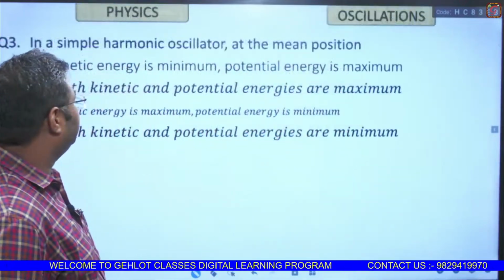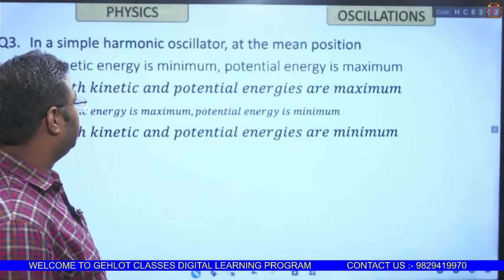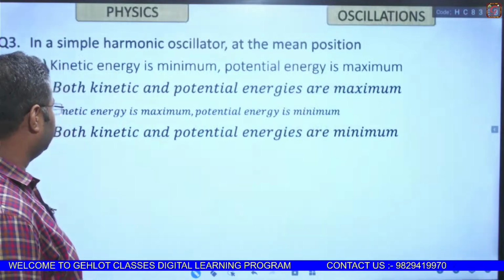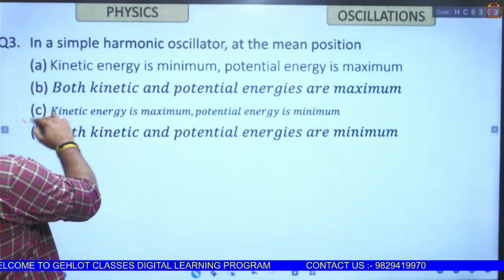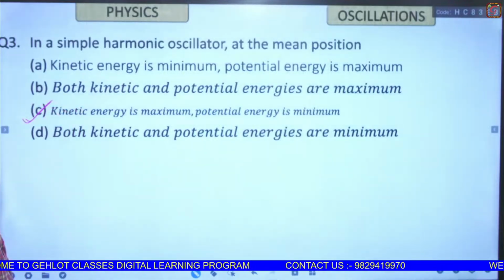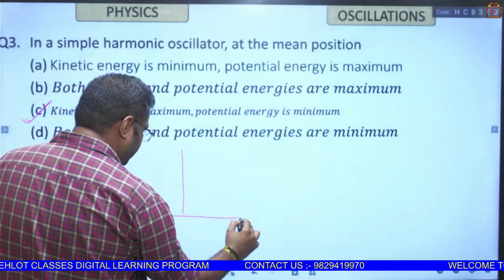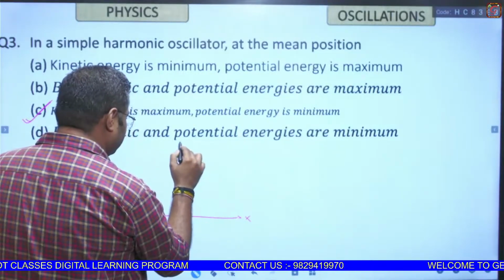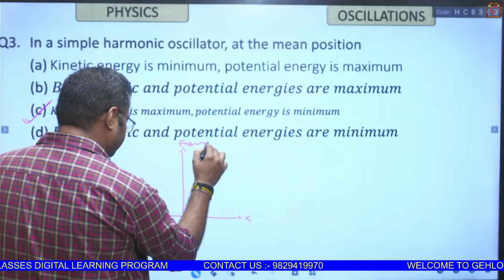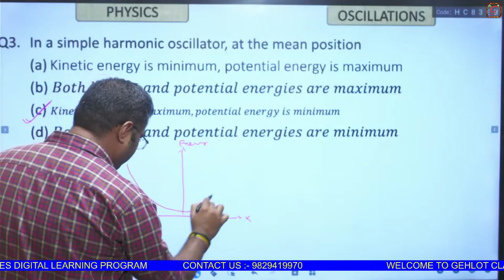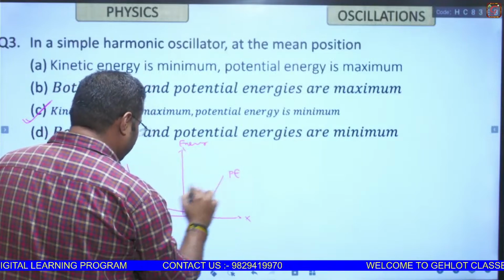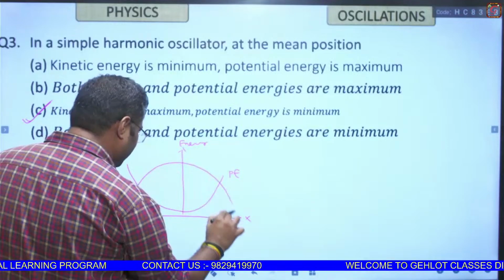Okay, in a simple harmonic oscillator at mean position, kinetic energy is maximum and potential energy is minimum. See, we have drawn this graph. This is x, this is energy, and this was the graph of potential energy, and this was the graph of kinetic energy.